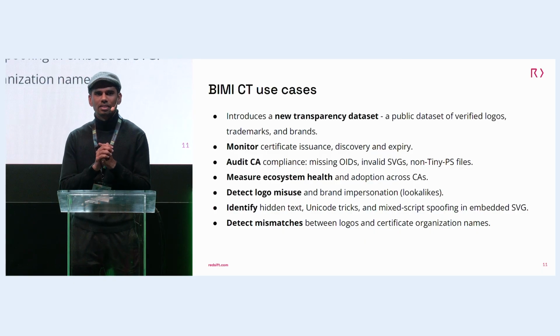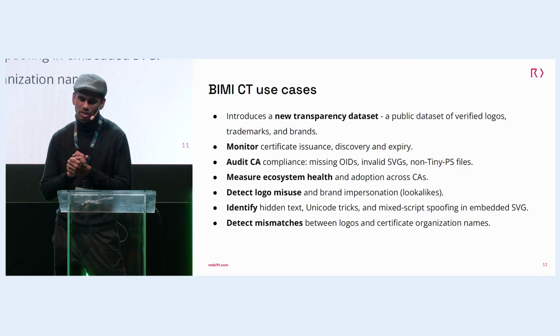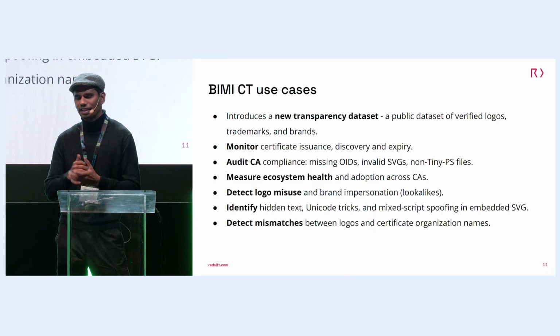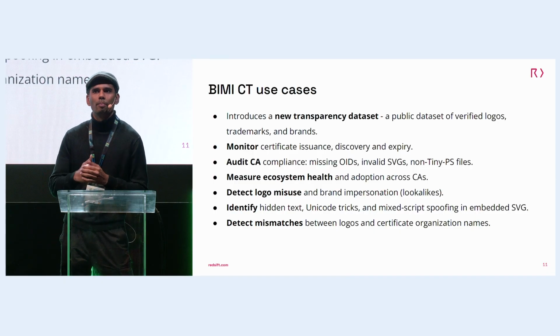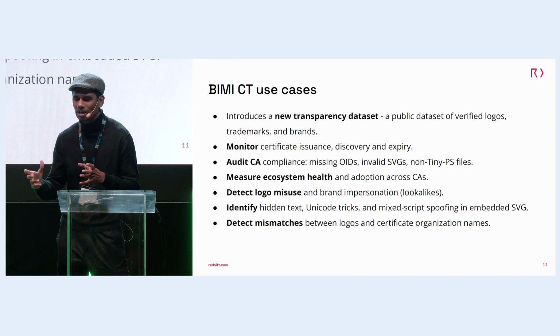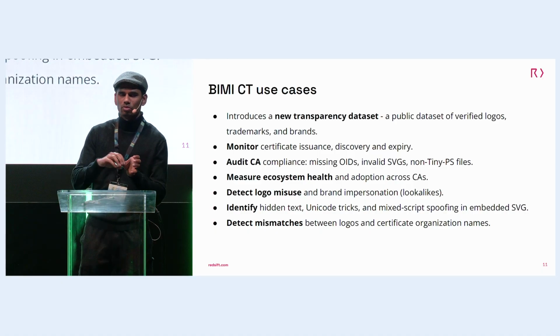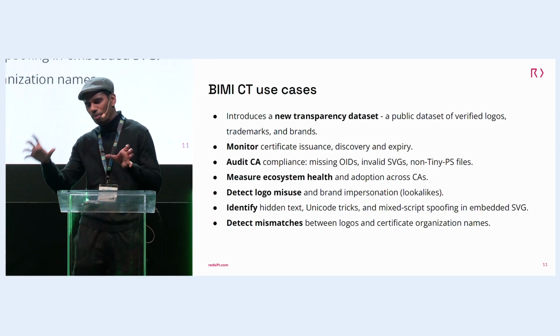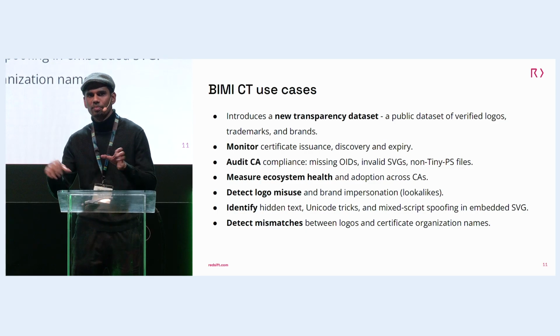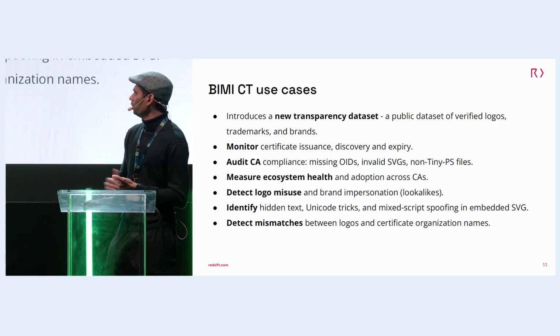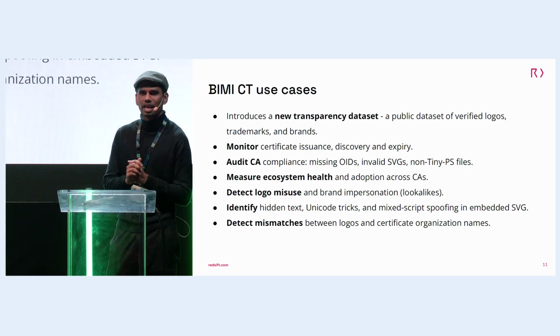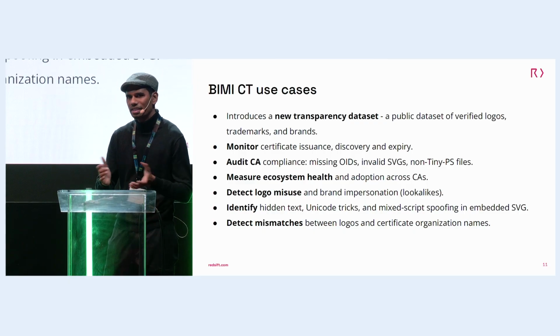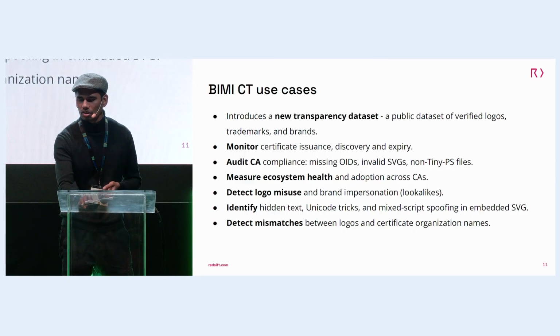Along with that, also some interesting use cases like detecting logo misuse or brand impersonation, finding lookalikes, and detecting mismatches between the logo and the company or organization name. These are a few examples. For instance, we have it in our Red Sift Brand Trust product.